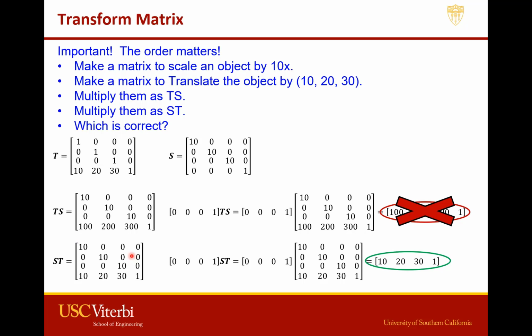If I see this matrix in the debugger somewhere and I don't know where it came from, I can tell you what it is. I can tell you that's a 10 scale and it's a 10, 20, 30 translation, and there's no rotation. I can tell just by looking.